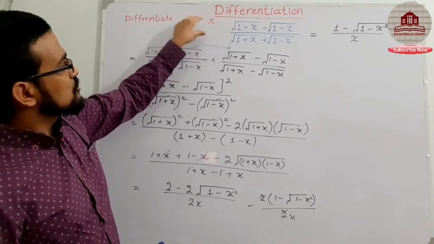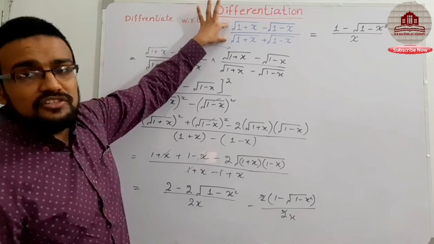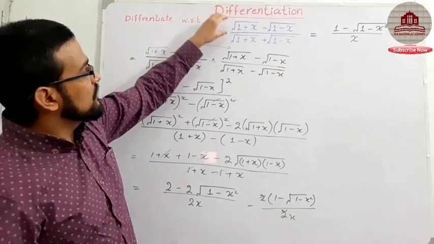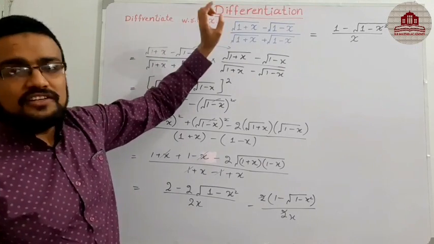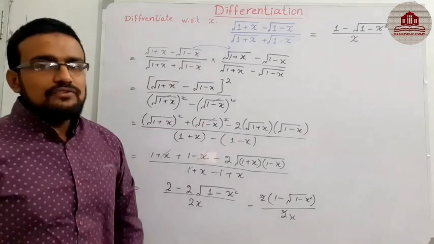When you apply the quotient rule of differentiation on the original form, you can face very difficult steps, but when you apply it on this, it is easy for you.